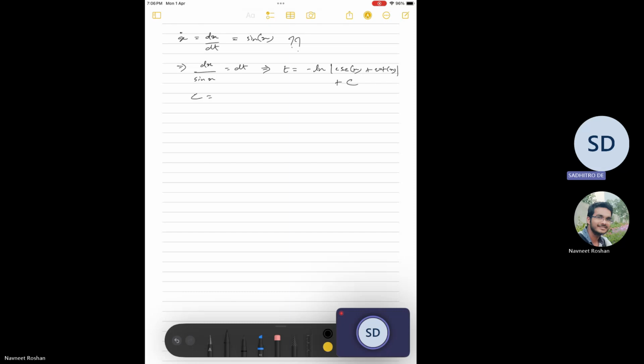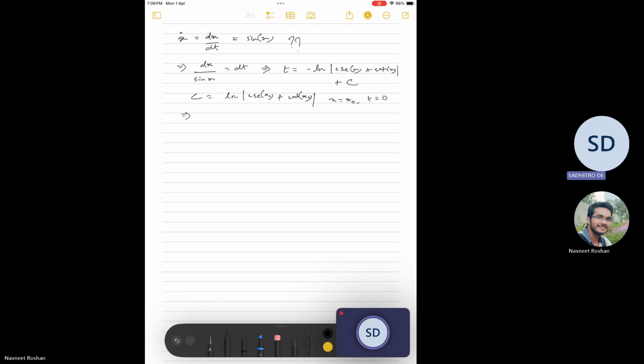So c is equal to log of cosec x naught plus cot of x naught, where x equal to x naught at t equal to 0.